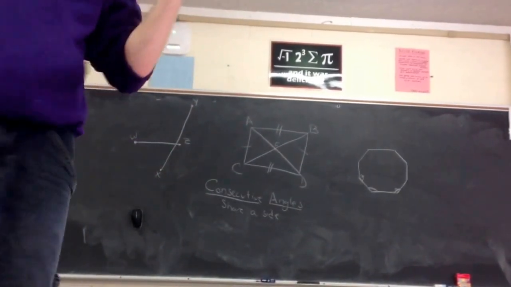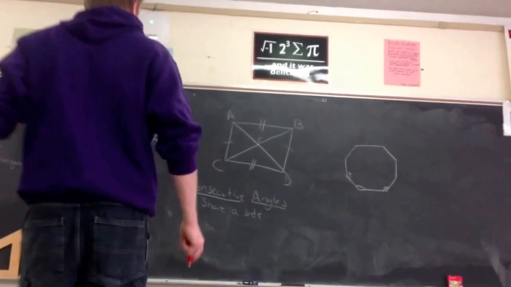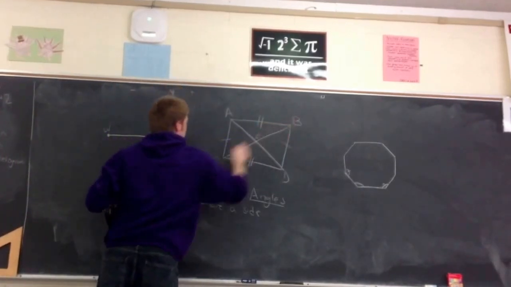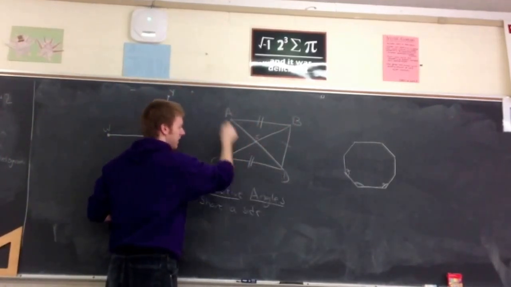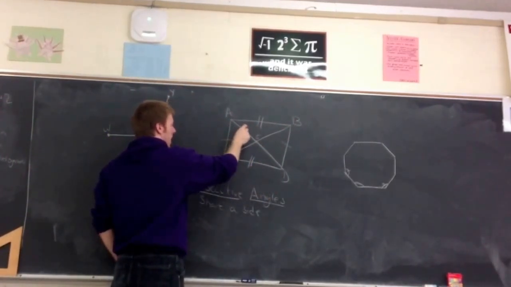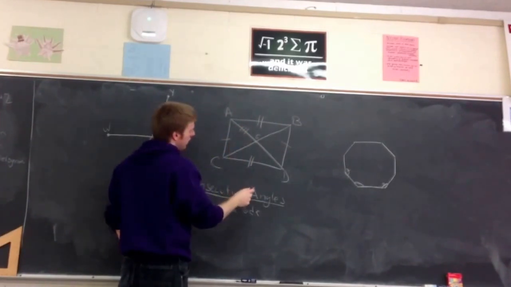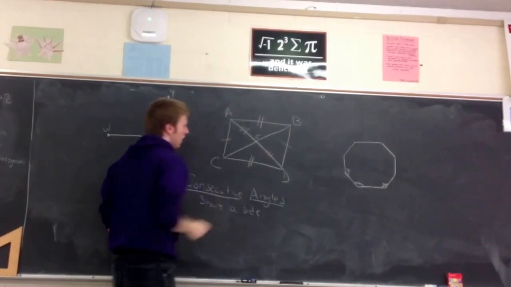So we can say if BC bisects AD, then AE is congruent to ED.